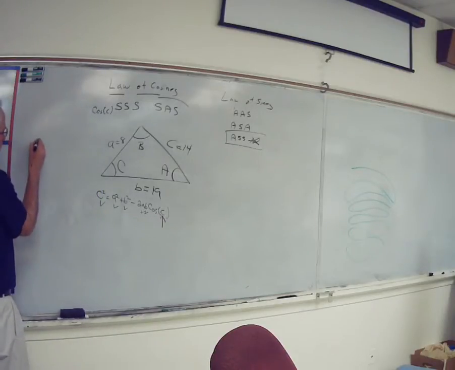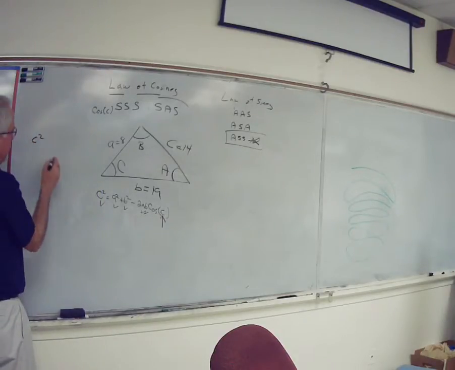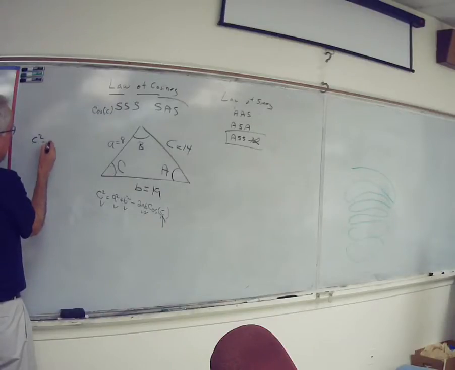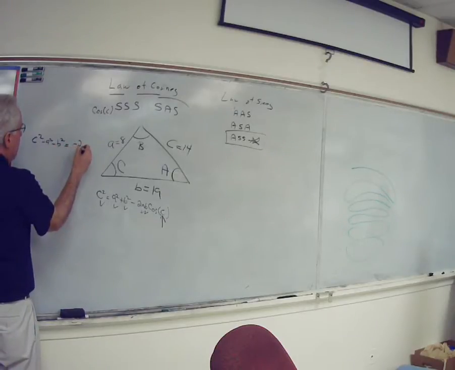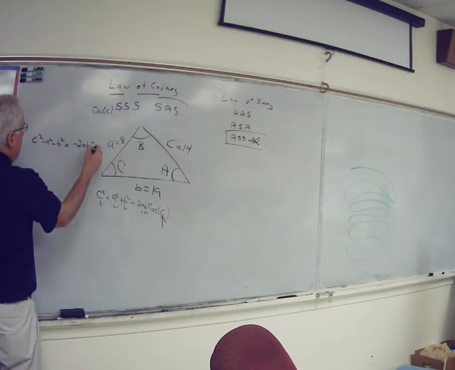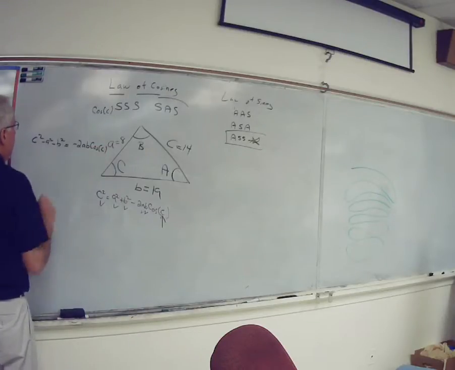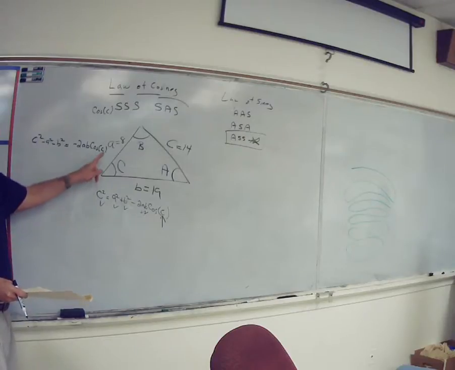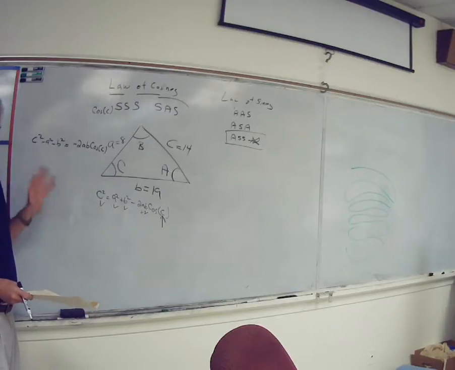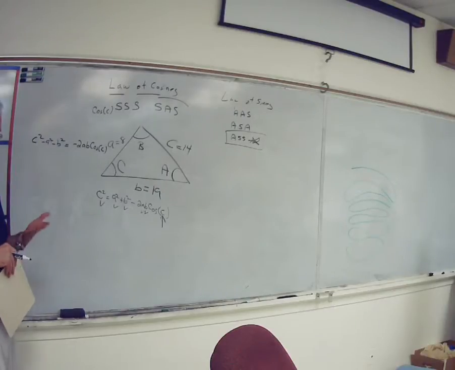So what I could say is big C by itself: C squared minus A squared minus B squared is equal to minus 2AB cosine of C. Now, what is it that I'm trying to get by itself? You're trying to get cosine of C. So you can divide both sides of the equation by minus 2AB.